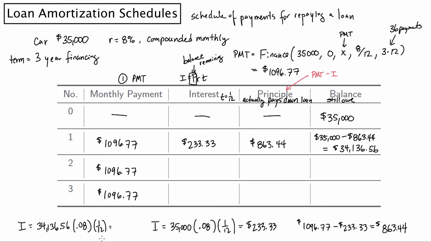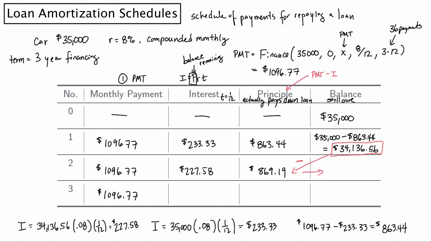And so if you subtract the $227.58 from the $1,096.77, that will bring a new principal value of $869.19. And then this is a lot of times what I'll tell students: you take the previous value here, you subtract this value, and then that will give you the new remaining balance.